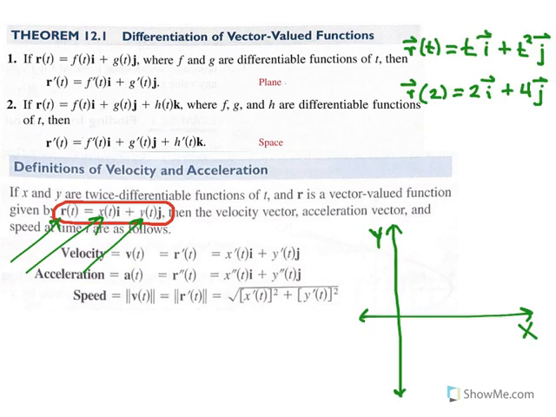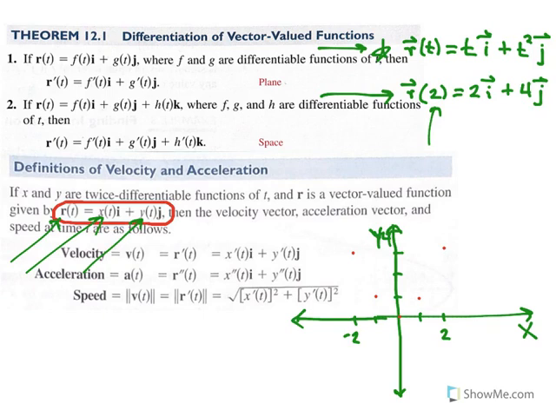For example, you could have this particular position function, r of t is equal to ti plus t squared j, and the position of the object at time t equal to 2 would be 2i plus 4j. And when you graph this vector-valued function, it will give you where the object is at different times, and the object is traveling along a parabolic path.